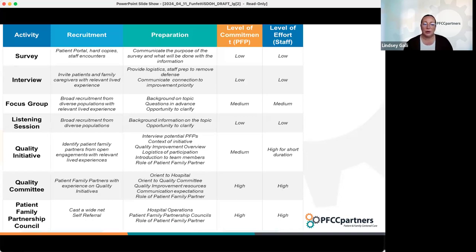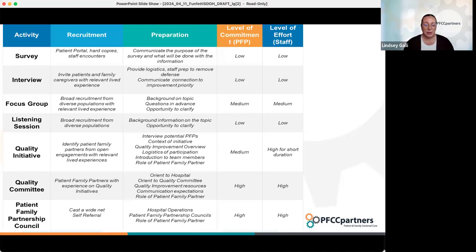And it goes down: interviews, focus groups, listening sessions, engaging a person with lived experience directly into a quality improvement initiative or on a quality committee, or even a committee who is working solely on the development of your social drivers of health screening programs. Can you identify someone to be that thought partner from the person with lived experience perspective?